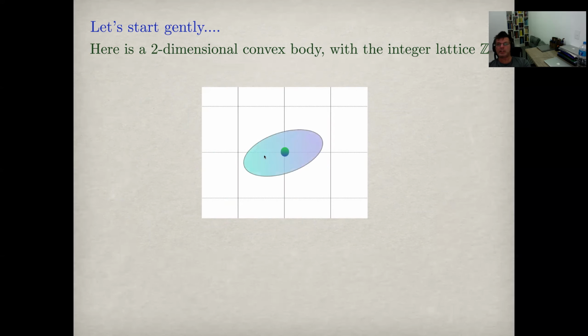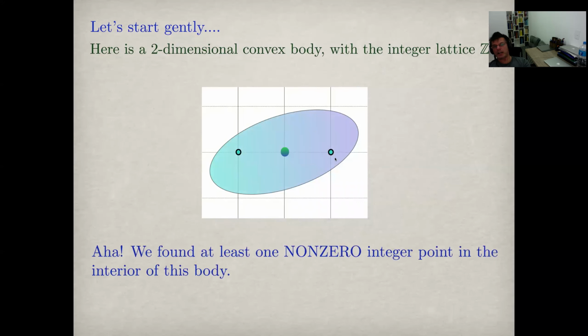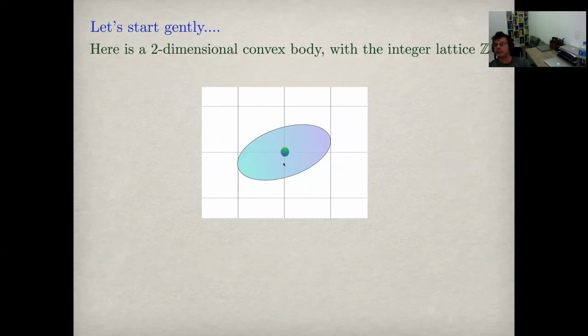Let's expand it. And let's see when we catch an integer point. So, here we see one integer point already. Here's another one on the left. And so we caught at least one non-zero integer point in the interior of this convex body. We note that the area of this convex body is greater than 4. If we go back, the area of this one is less than 4.